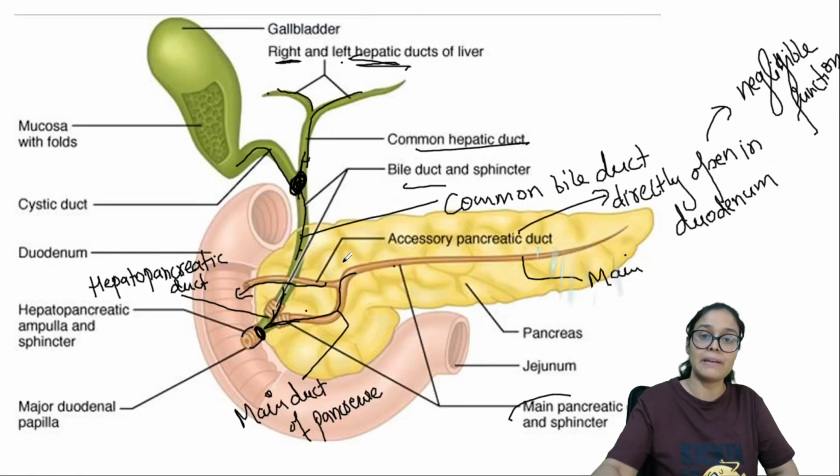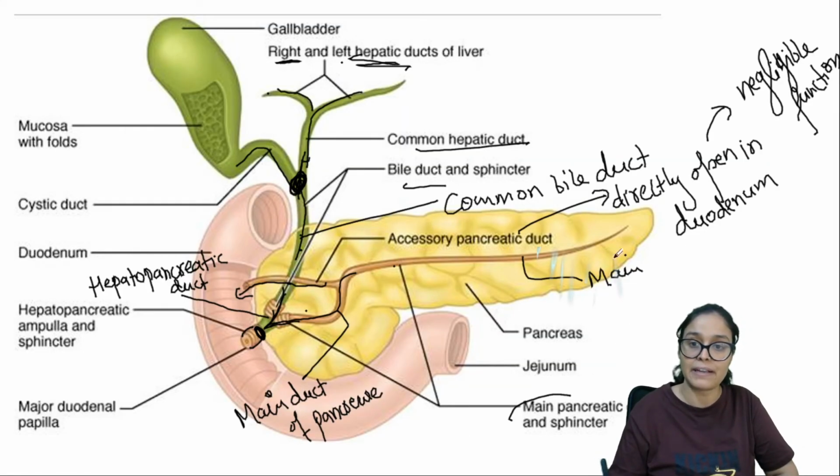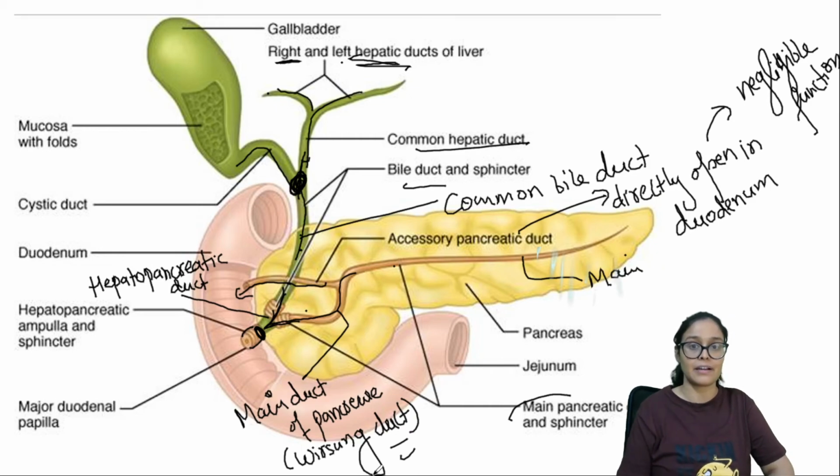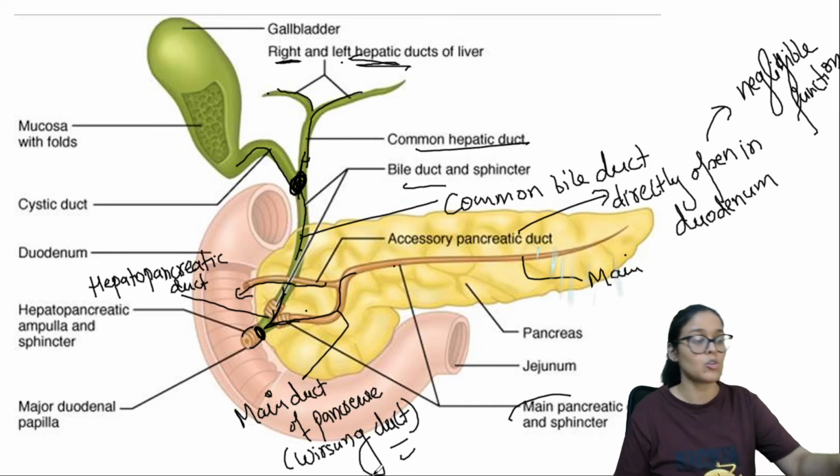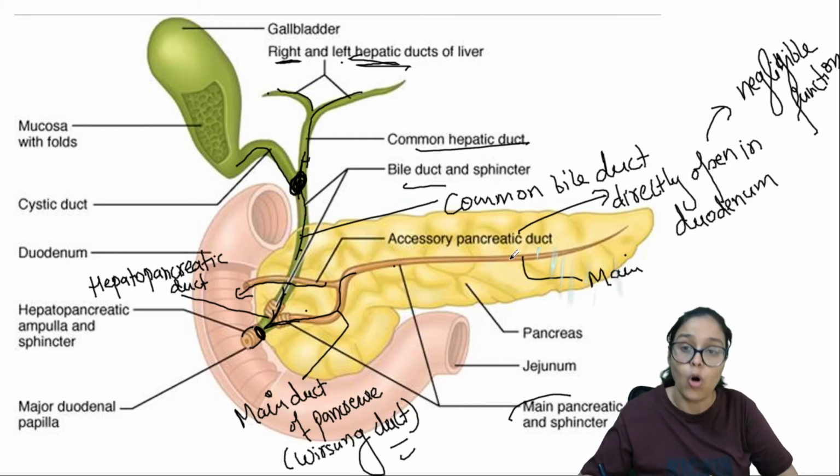So the main pancreatic duct is also known as the Wirsung duct. So if somewhere Wirsung duct is written, obviously that is the main pancreatic duct. And the accessory duct is the duct of Santorini, also known as the Santorini duct.